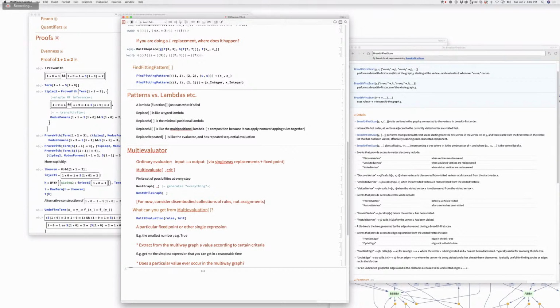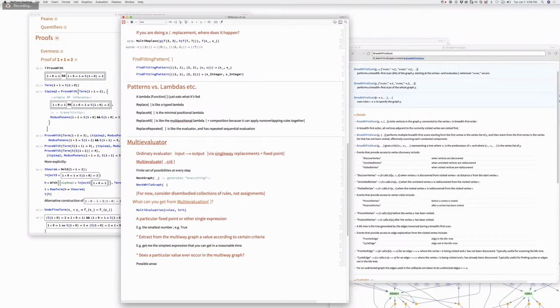As usual, the answer could be yes, no, or unknown, which basically means it couldn't be found within this time constraint.